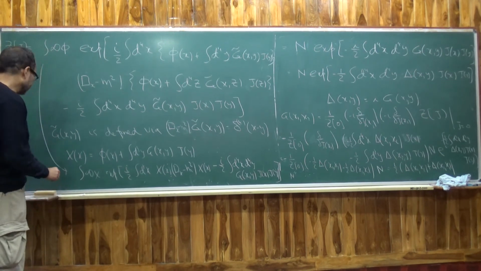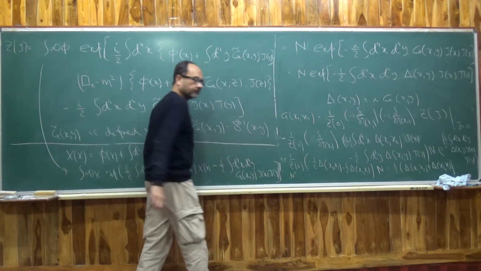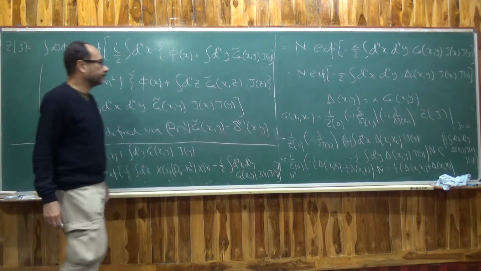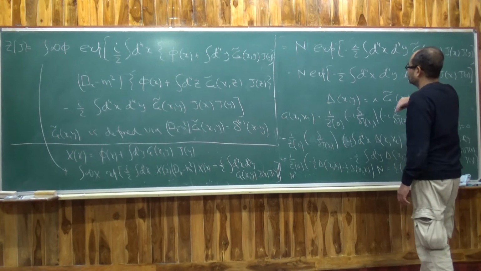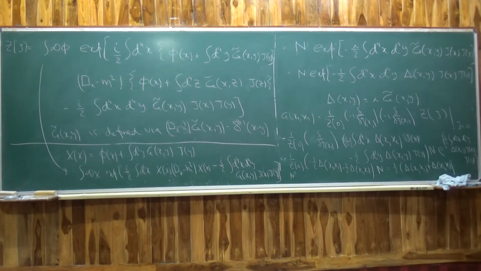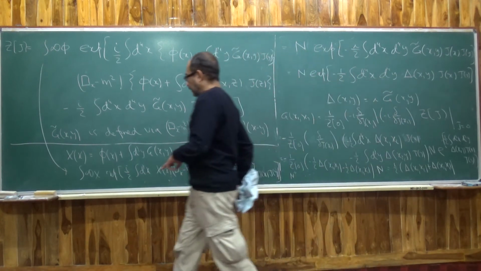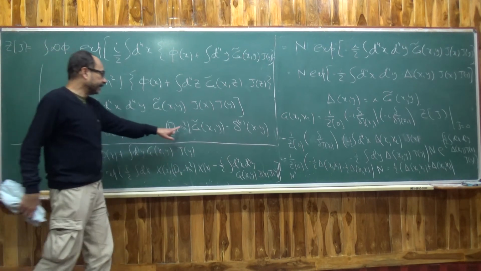So all the definitions are still there. Delta is i times G tilde. Now let's go to the calculation of G tilde satisfying this.